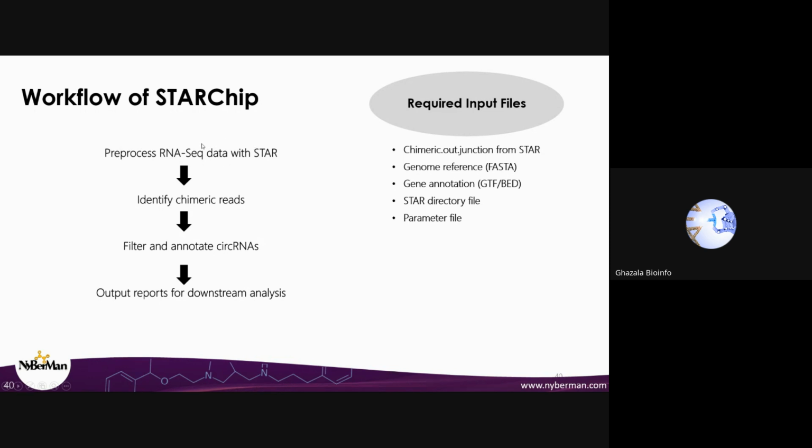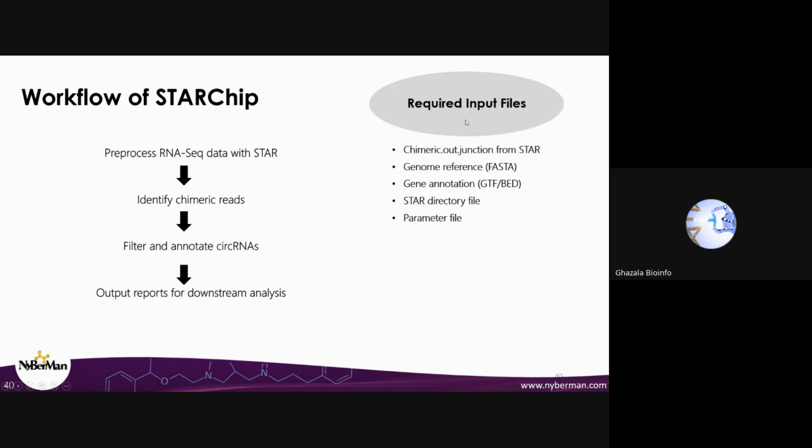And then after alignment, it will try to identify the chimeric reads, the type of reads which are non-contiguous in the sequence that you are providing as an input file, the FASTQ file. After that, the chimeric reads which have the probability of making circular RNAs will be filtered and annotated.